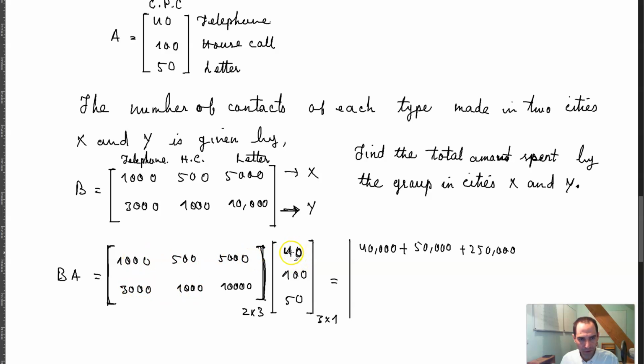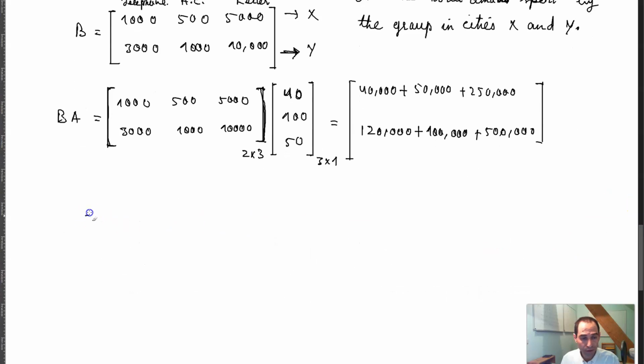And then you have 3,000 times 40 is 120,000, plus 1,000 times 100 is 100,000, plus 10,000 times 50 is 500,000. So that gives me this matrix.